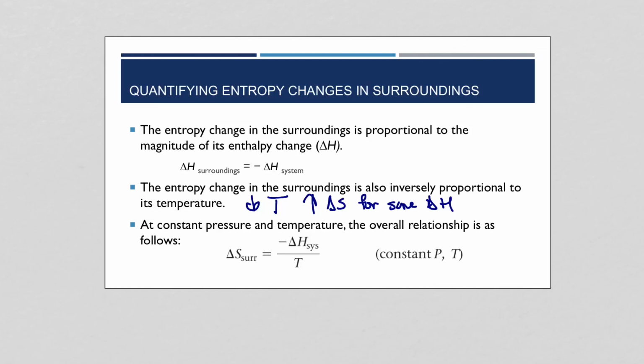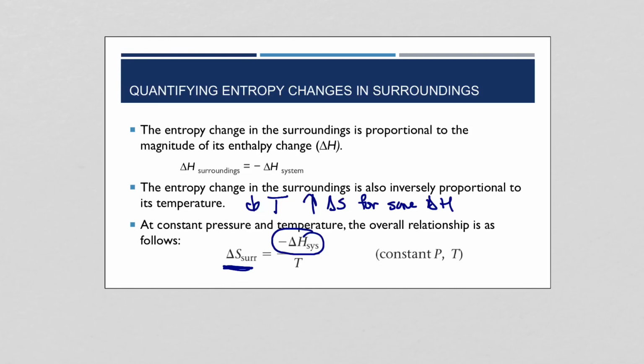So we can put all that together to come up with an equation for the delta S of our surroundings. How much the entropy of the surroundings increases under given circumstances is directly related to the negative enthalpy change of the system, and it's inversely dependent on temperature.